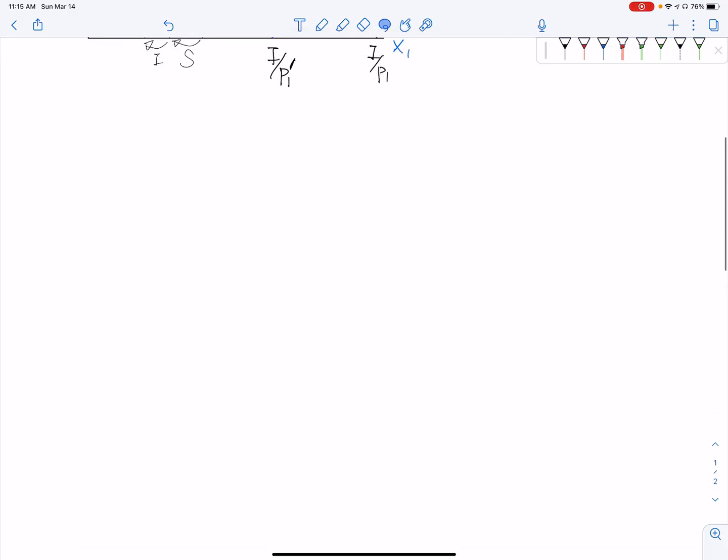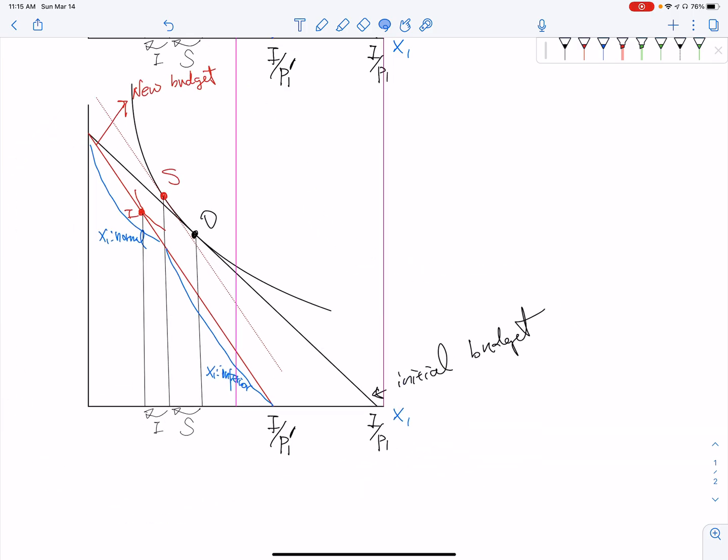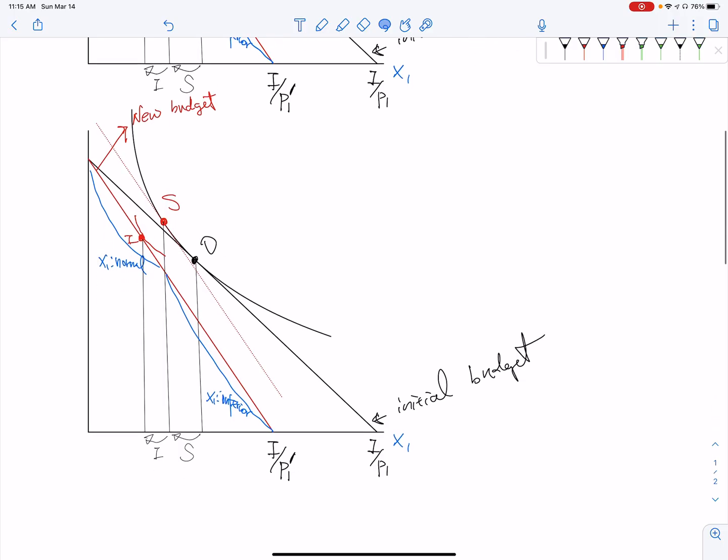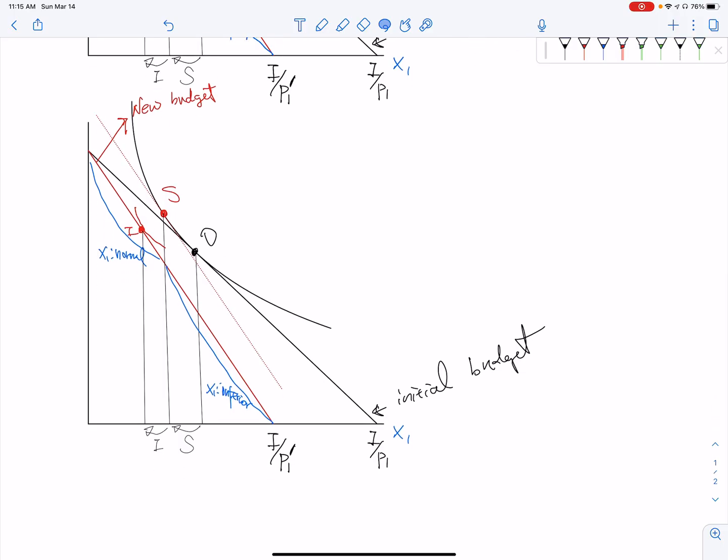Okay, so let's think of another case. So basically the same situation, just a new budget line and so on. But here, let's say the optimal decision was not here, but here.